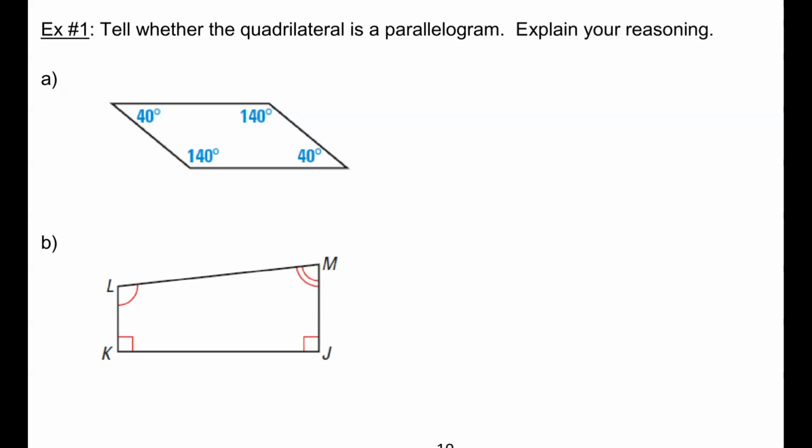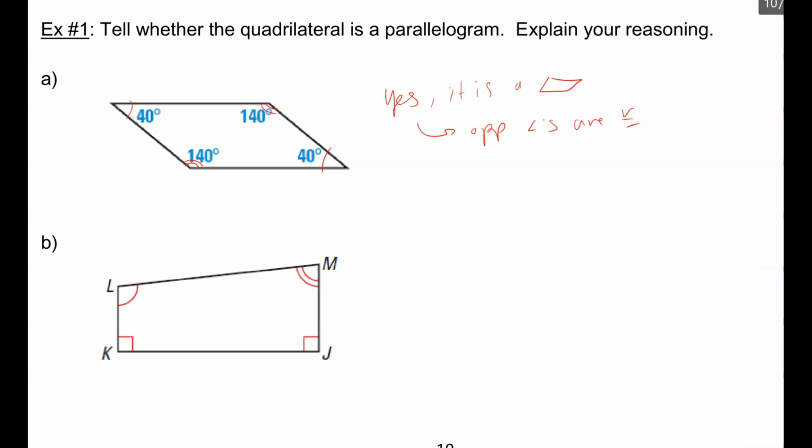Perfect. So we want to know, is this quadrilateral a parallelogram? And explain your reasoning. Well, let's check. I see that this 40 and this 40 are congruent. Good, so that's one set. 140 and 140. Awesome. So yes, it is a parallelogram, because opposite angles are congruent. Perfect.